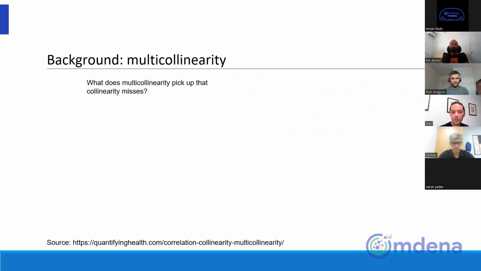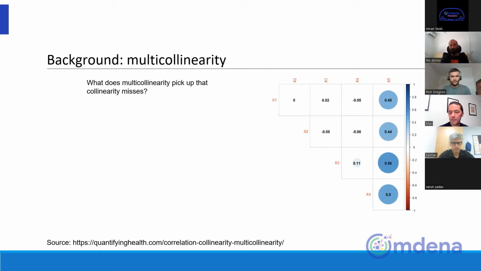For me, it raises the question of what multicollinearity finds out that isn't picked up by collinearity. And this guy linked here has a really good example with this smaller feature set. If we use 0.7 as the benchmark for collinearity, then in this feature set there's no collinearity, because none of these correlations surpass 0.7.